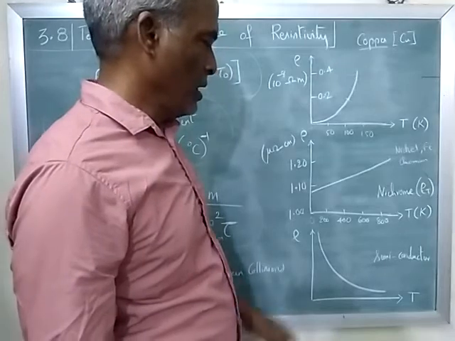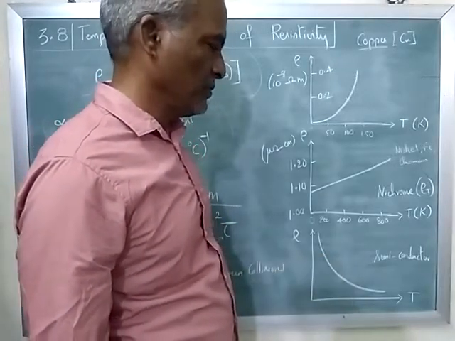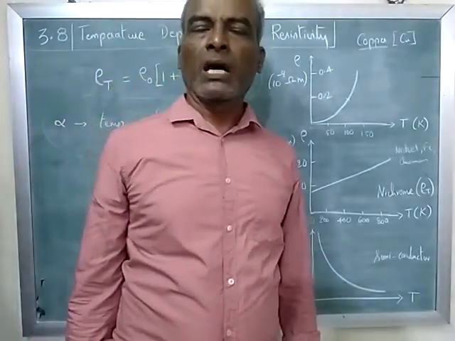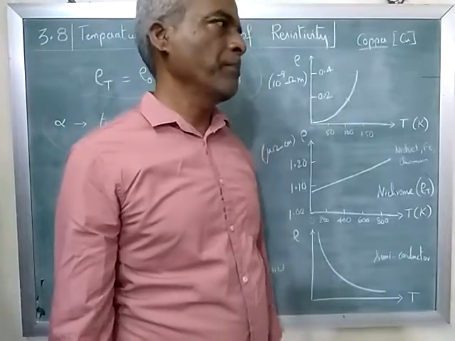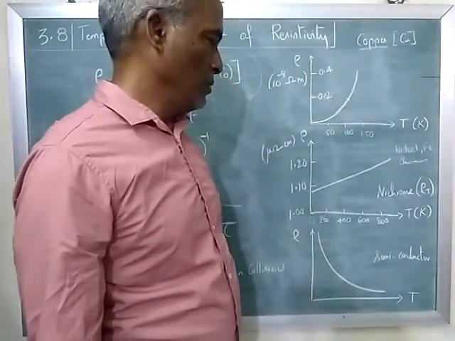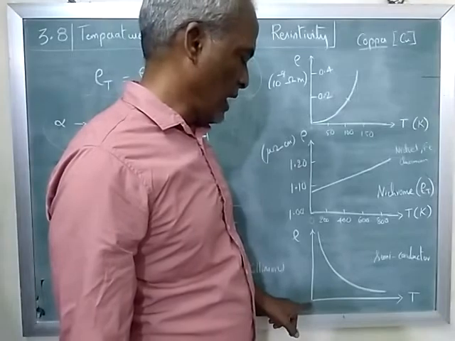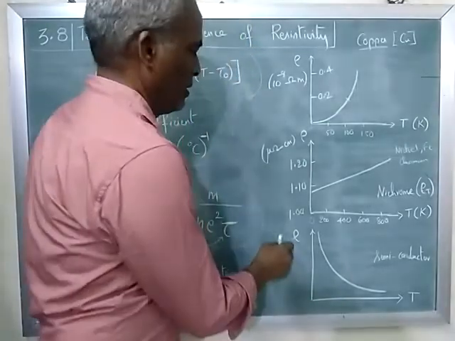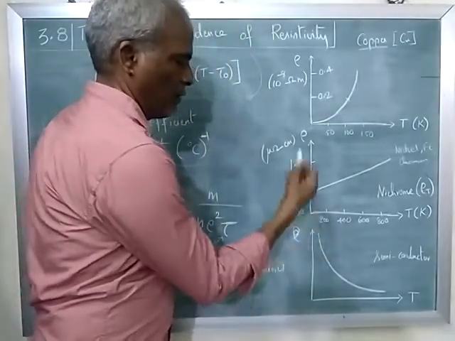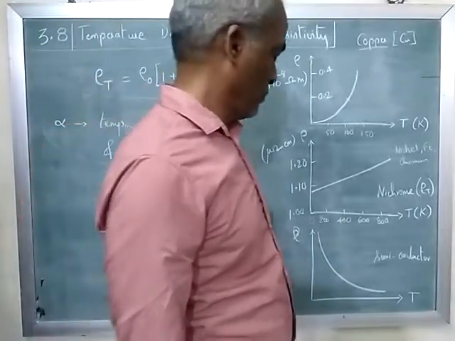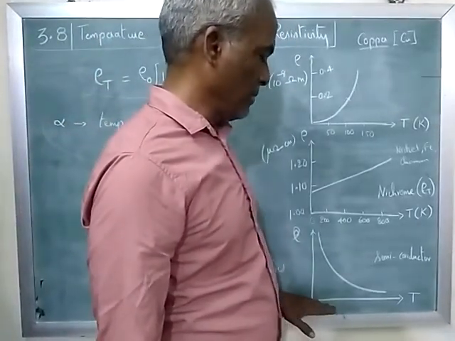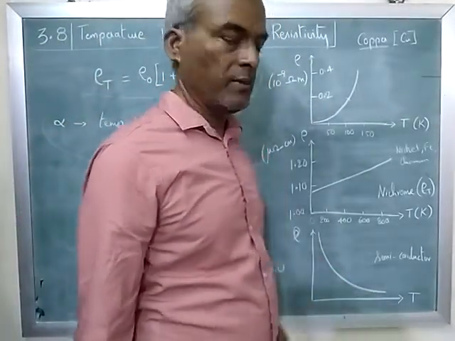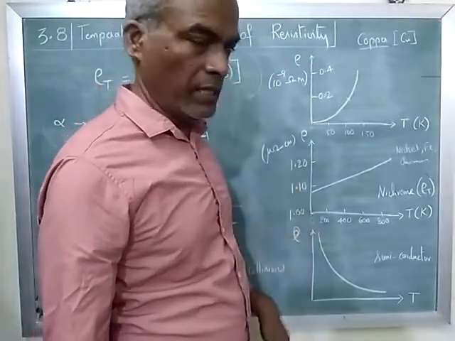Okay. Now coming to semiconductors. Semiconductor means carbon, silicon, germanium. If you see at 0, the resistivity is very high. But as temperature increases, the resistivity decreases.